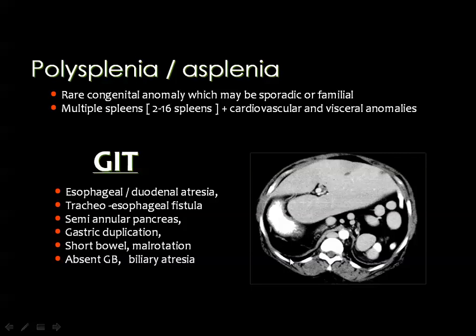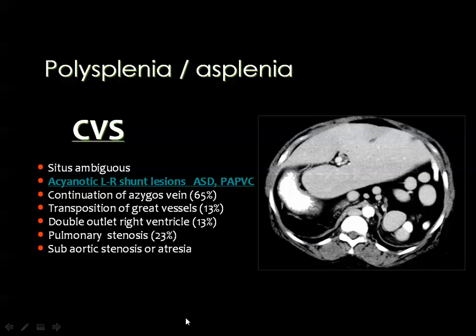Here also you can see that the stomach is on the right side of the patient. The polysplenia and asplenia syndromes are associated with numerous congenital anomalies in the gastrointestinal tract and in the cardiovascular system. In the GIT, there are a lot of lesions, including esophageal and duodenal atresia, tracheoesophageal fistula, annular pancreas, gastric duplication, bowel malrotation, absent gallbladder, and biliary atresia.